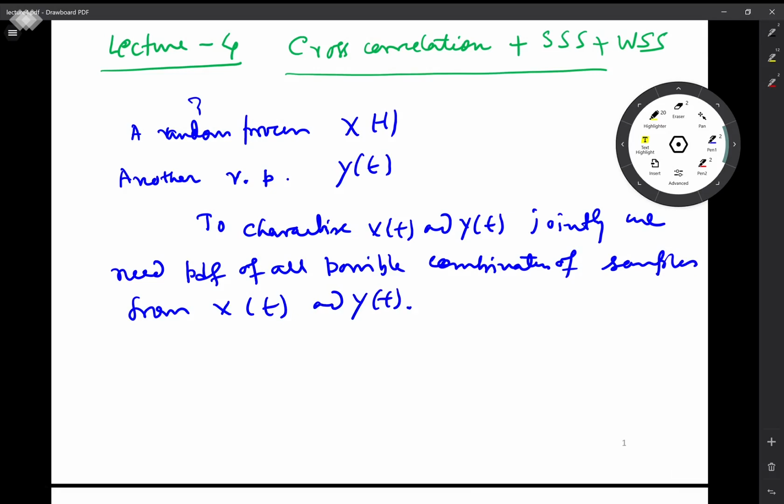So what does it mean? It means that we need to characterize the joint distribution of samples from xt and samples from yt.